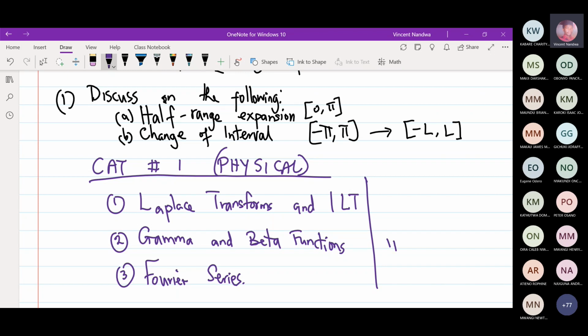This will have 10 marks, this will be 20, this will be 20. So the CAT will be out of 50. I wish you all the best.